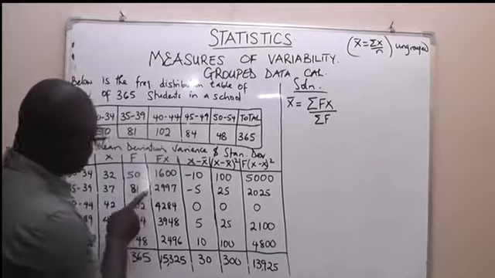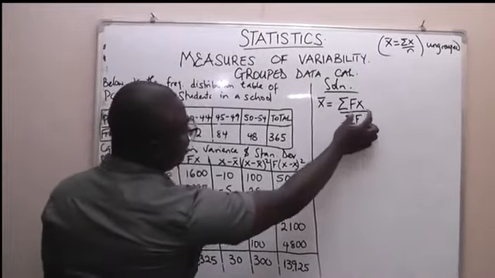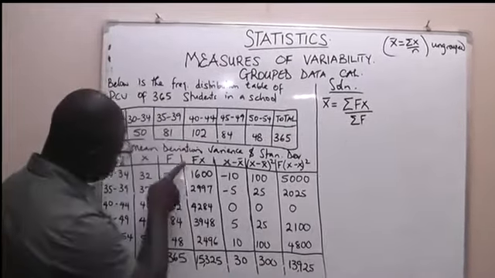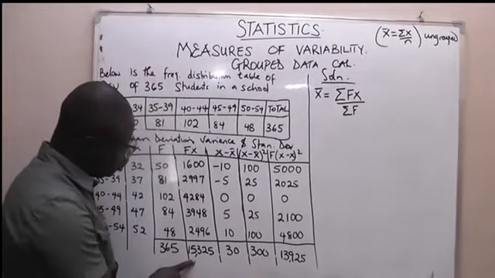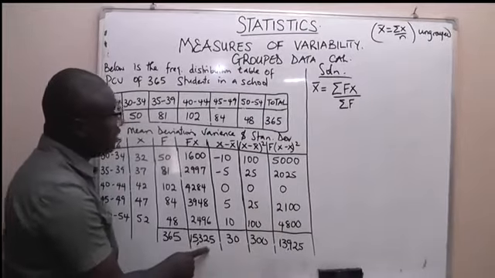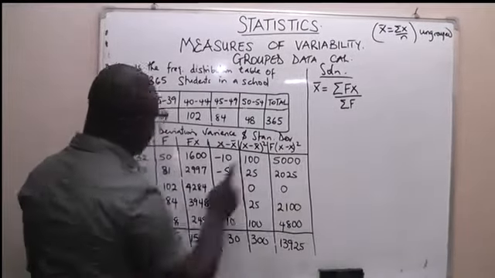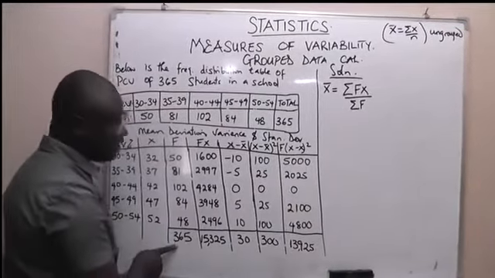So what was our summation fx? Our summation fx, if we trace it this way, is 15,325. Then what is our summation f? Our summation f is 365.